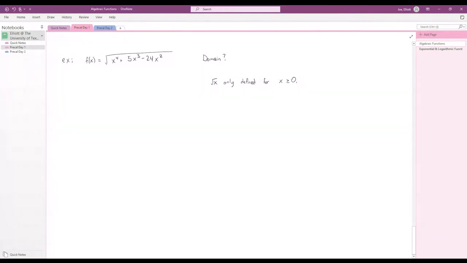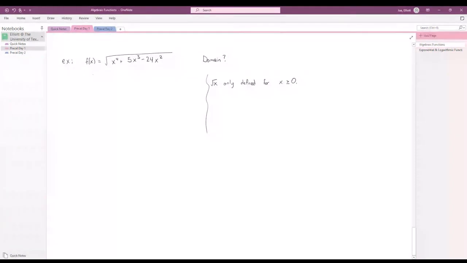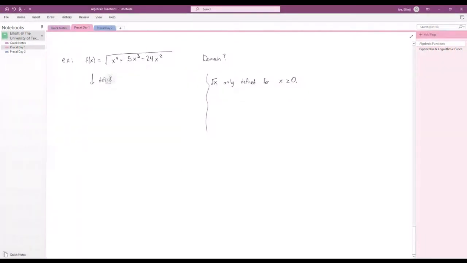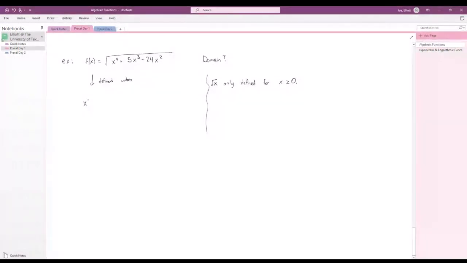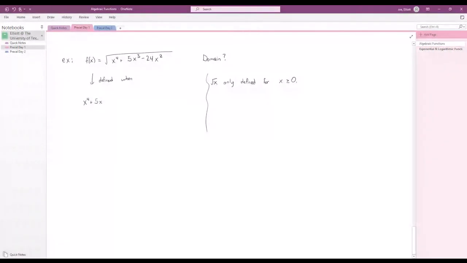If that's the case, we will consider it to be undefined, at least in our calculus courses here. So for this function to be defined, the expression under the square root could not be negative. So this function is only defined whenever this expression under the square root is non-negative, okay?